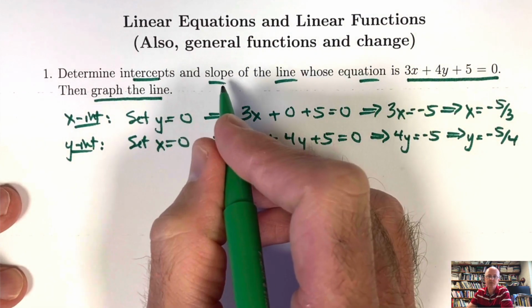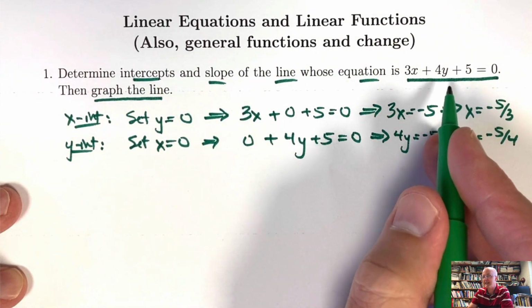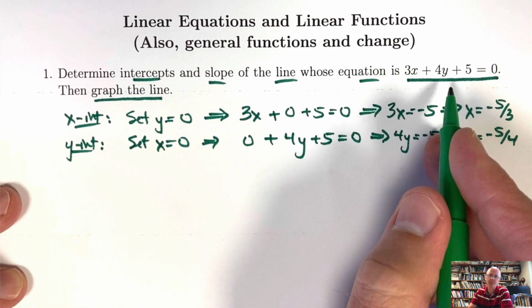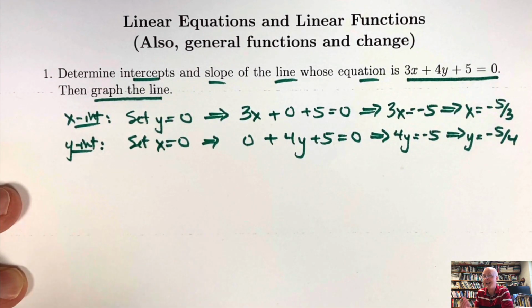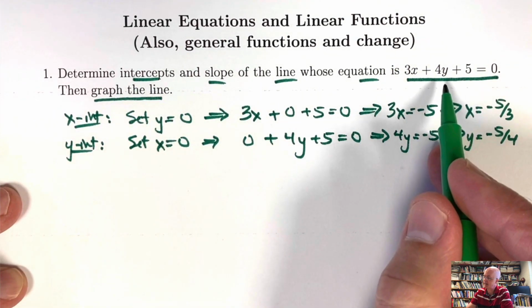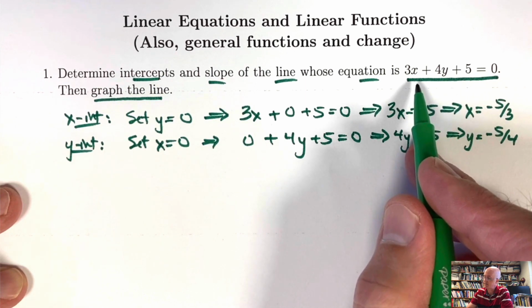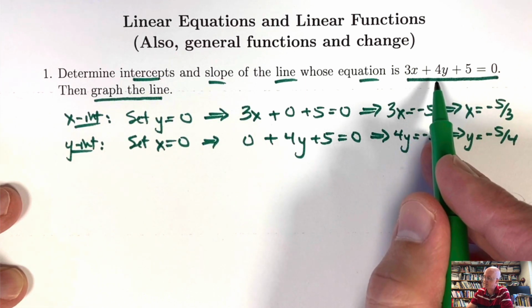The next thing to do is to find the slope. That's going to be what we find when we get this equation in slope-intercept form, when we've solved for y as a function of x. So I need to look at that equation and say to myself, I have to isolate y. I need to get rid of the 5 and get rid of the 3x on the left side, and then also divide both sides by 4.